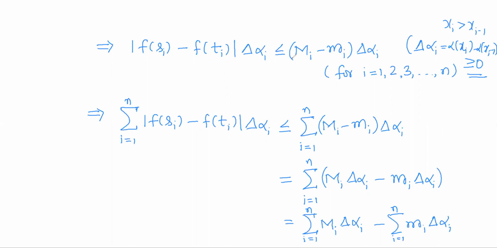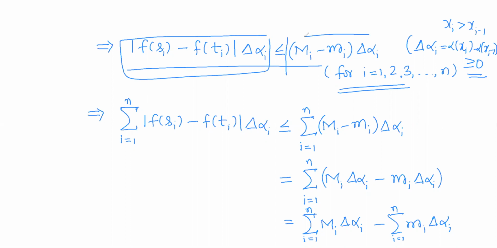We know that. So multiplying a non-negative quantity on both sides will retain the inequality. So the inequality remains the same on multiplying delta alpha i, which is true for every i. So for any i, the left hand side value is always less than or equal to the corresponding right hand side value.